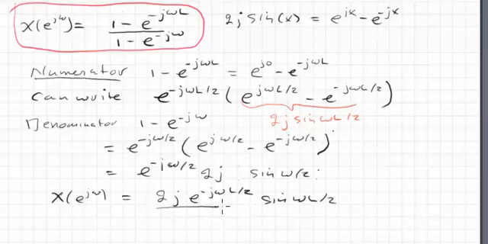And the denominator is 2j e to the minus j omega over 2 times sine omega over 2.